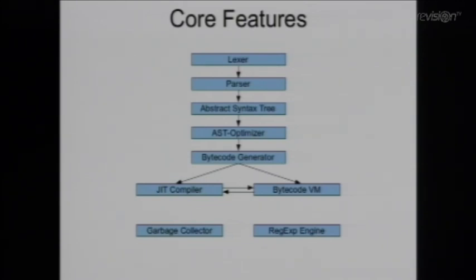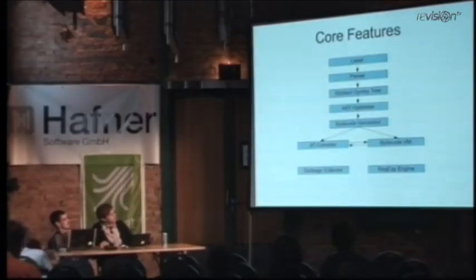First there's the lexer, which gives its output to the parser, which transforms it to an abstract syntax tree, which is then optimized. Then bytecode is generated, which is either compiled by the JIT or executed in a virtual machine, depending on the different use cases.